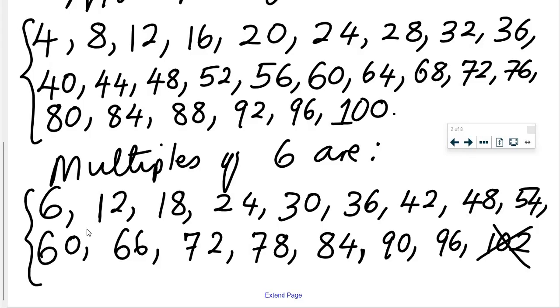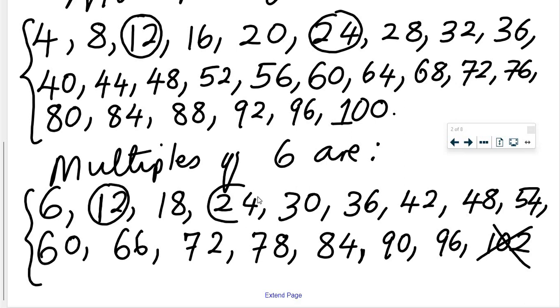We have 12. We have 24. After 24, we have 36.